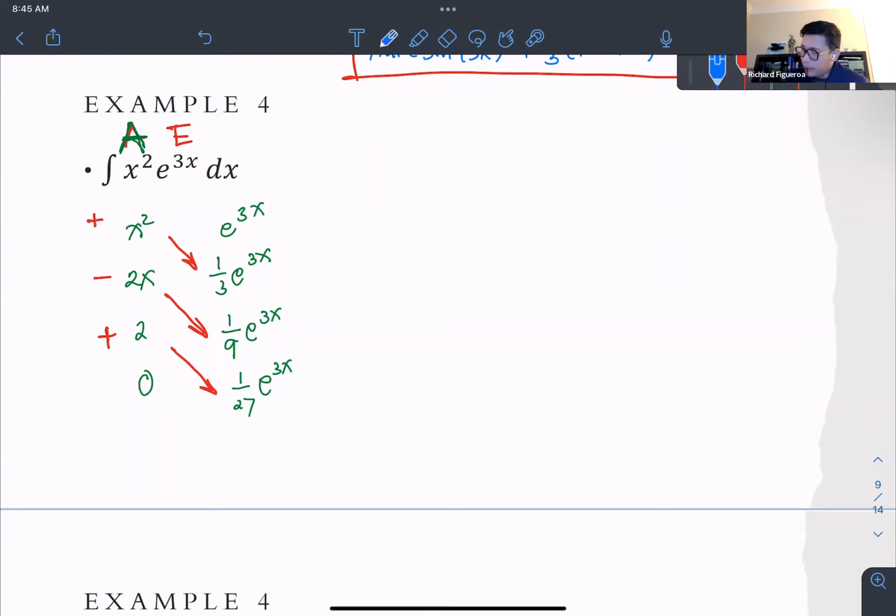So we write the final answer. Ang madali ito, no? So positive x squared and 1/3 e raised to 3x. So sunod, negative 2 times 1 over 9, so 2 over 9, and x e raised to 3x.